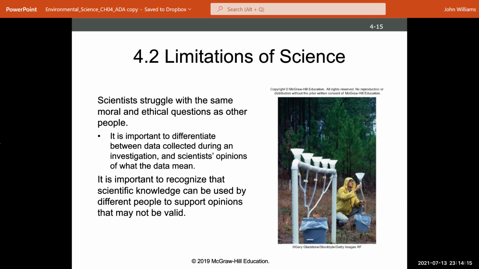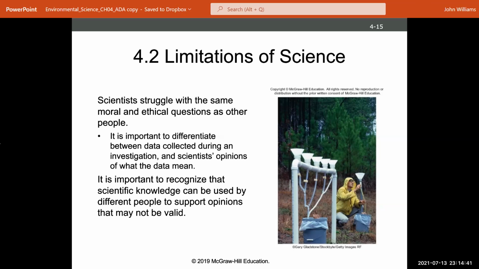And so that's where you need to understand what is exactly the data versus what are the opinions and the conclusions and discussions about the results that come from the scientists themselves. And so you want to be able to recognize that scientific knowledge sometimes gets used by different people to support opinions that may not be valid.